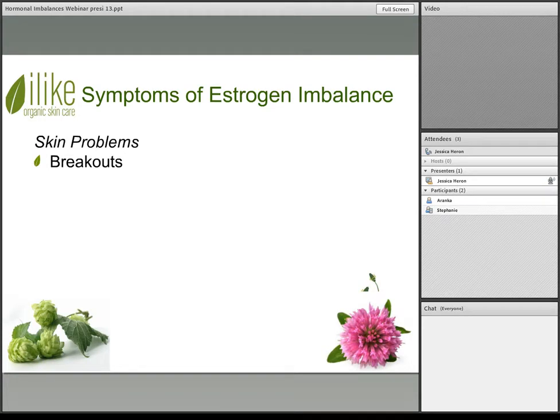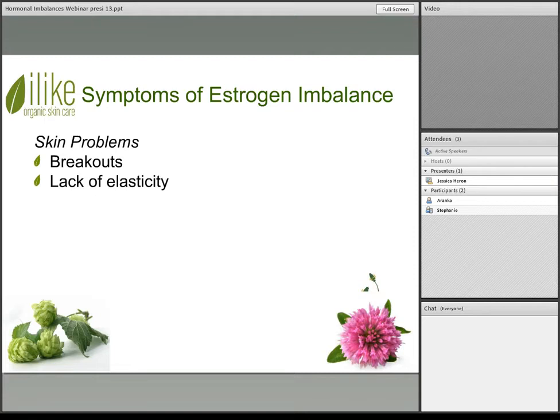Those are typical areas where you'll notice more breakouts associated with hormonal imbalance. In skin mapping, or Chinese skin mapping, or physiognomy, the chin area represents the female reproductive system. So typically you'll notice that's where most of the breakouts are occurring.